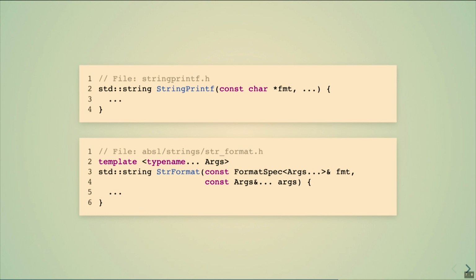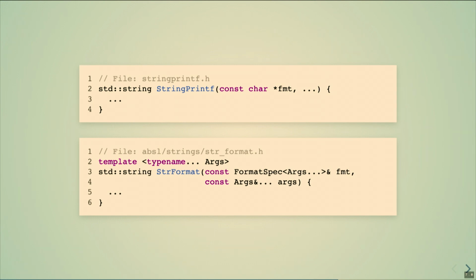So here are the definitions, or at least the signatures, of StringPrintf and absl::StrFormat. StringPrintf looks largely like printf, right? It takes a const char* for its format string, and then C-style variadic arguments. One thing to note about variadic arguments is they're always passed by value. And that's important here.